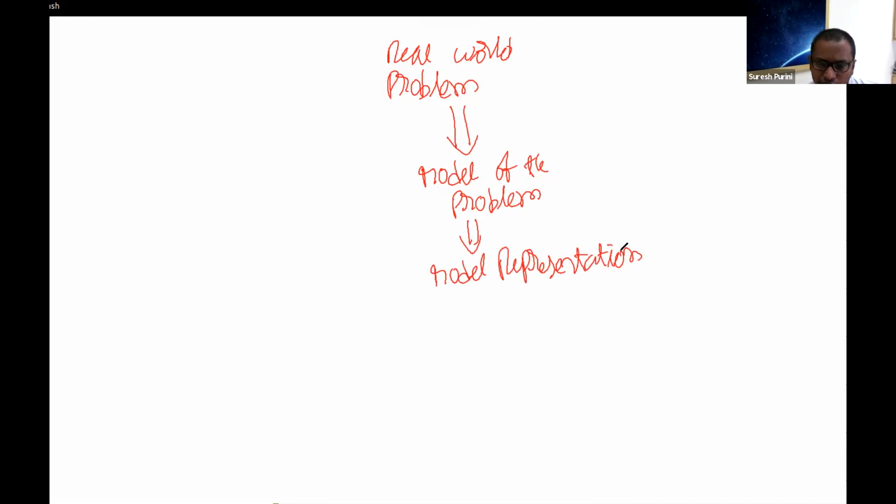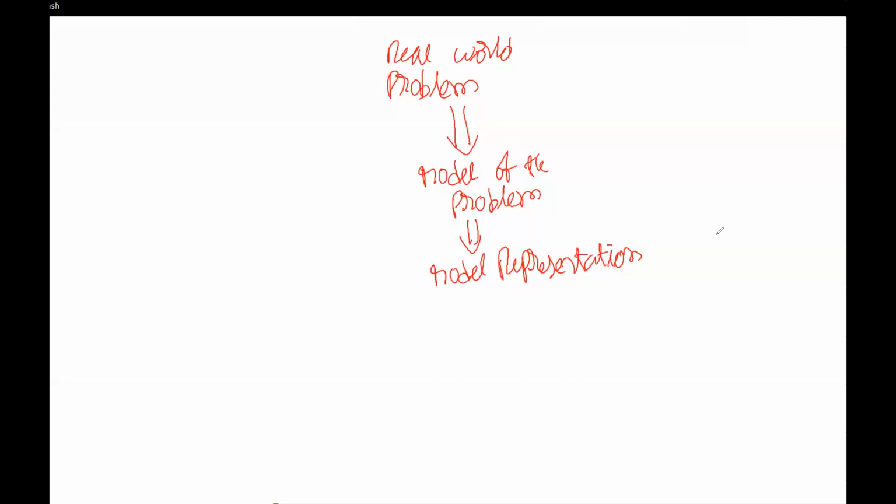And once you have the representation, maybe you want to do different things with your model. For example, what will happen if I change the color of this wall from blue to green? How does it look? Or what will happen if I change the texture of this wall from this to this? How does the model look? So that is the algorithm part. First part is the model part.